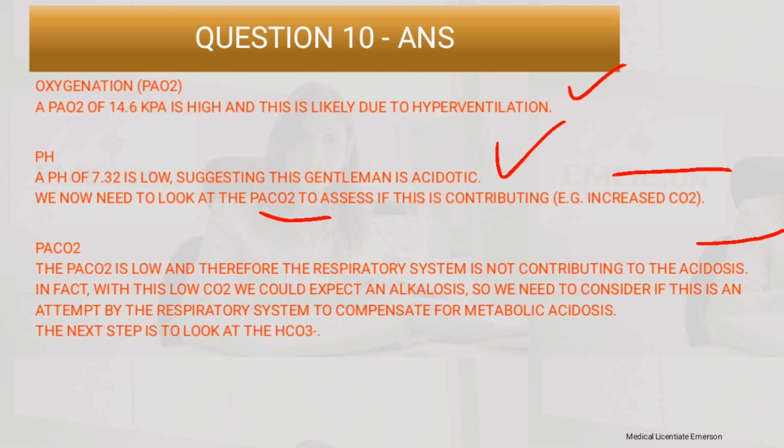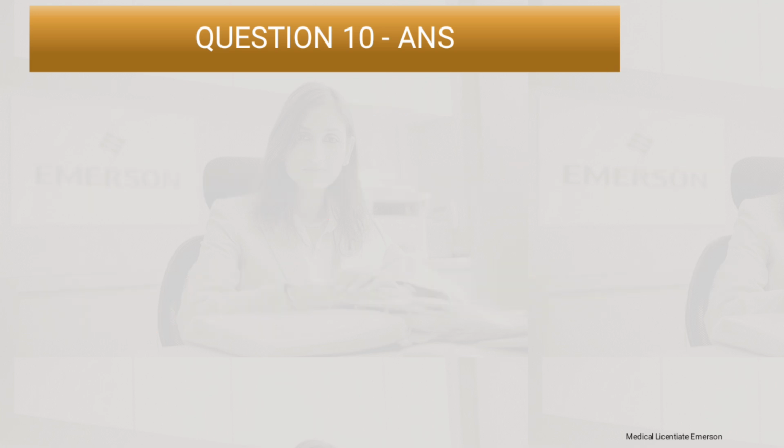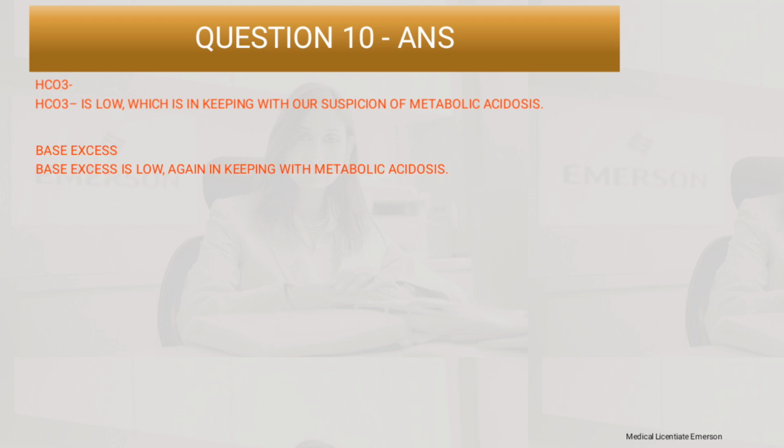So the next step is to look at the bicarbonate level. The bicarbonate level is low, which is in keeping with our suspicion of metabolic acidosis. Then the base excess is low, which is also in keeping with the metabolic acidosis. So interpretation, this is metabolic acidosis with a respiratory compensation.